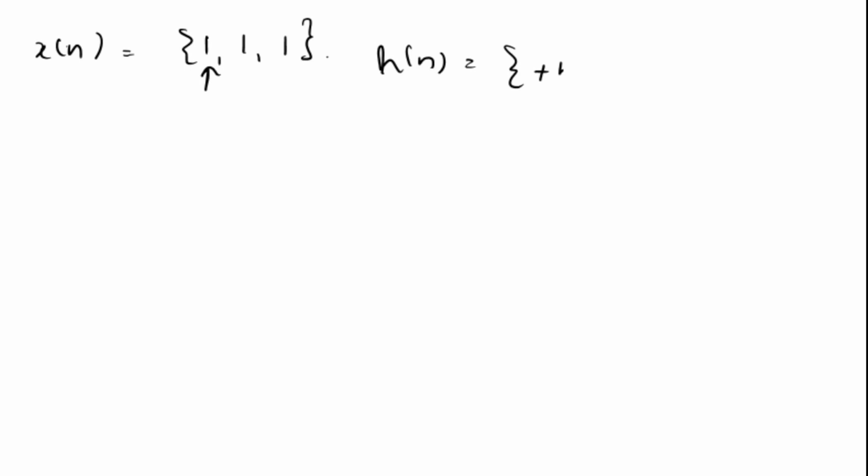We can verify the answer we have discussed previously using any one method. So x of n is equal to 1, 1, 1 at 0 position, and h of n is equal to 1, 3, 2, -1 and 1.